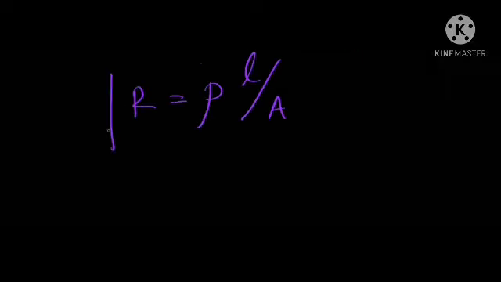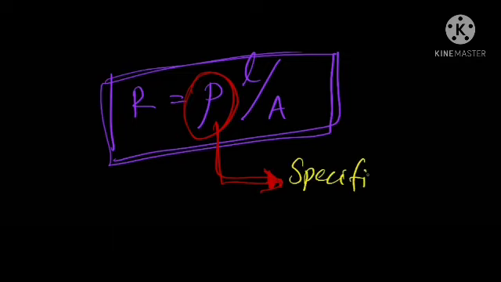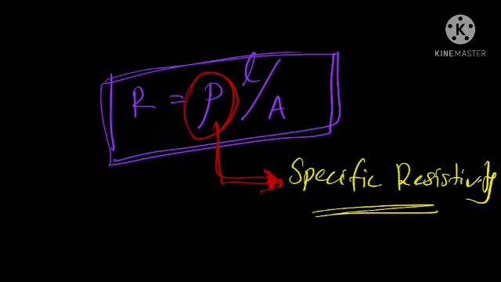So we can write R = ρL/A, where the constant ρ depends on the nature of the material, which is the resistivity value we just talked about. It is the specific resistivity of the material. The specific resistivity of the material depends on its temperature.